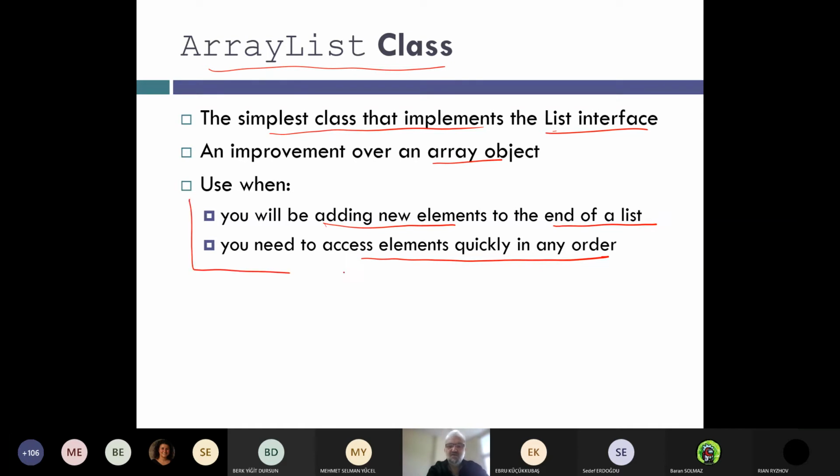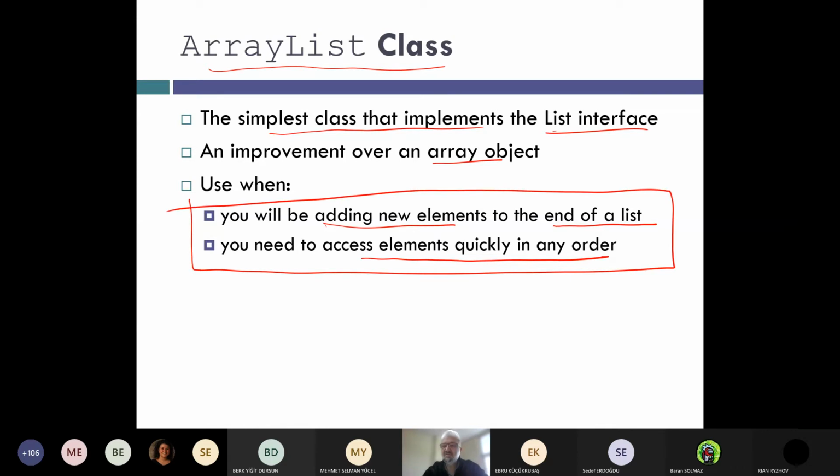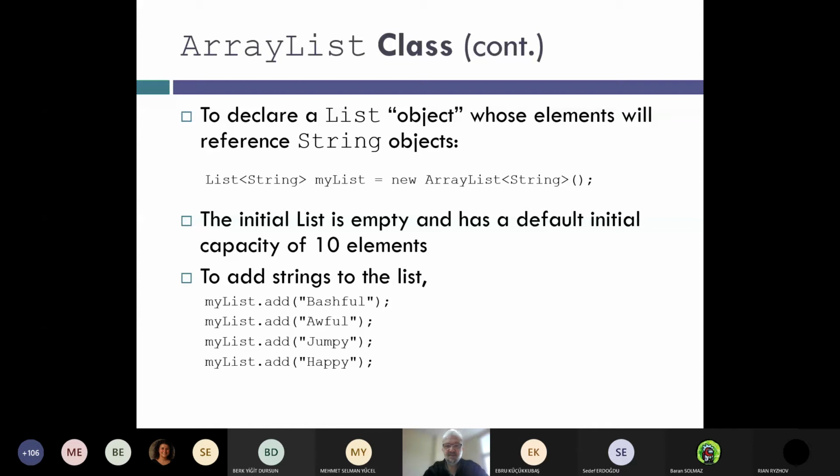So if you are going to use these operations a lot, then ArrayList would be your choice. But if you are going to insert and delete from the middle, probably you are not going to use ArrayList, since the performance of the ArrayList is worse than LinkedList for these operations.